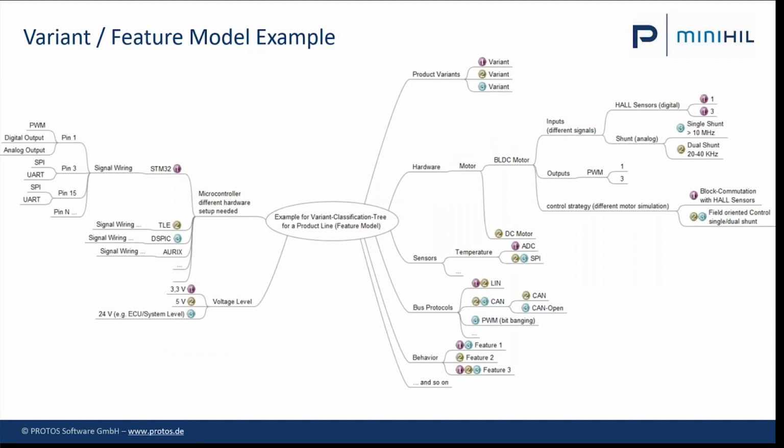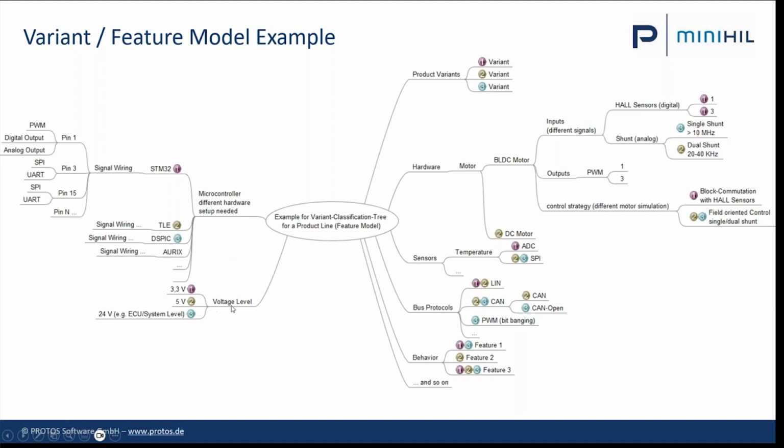Now let's have a look at a feature model example. It's a feature tree, a feature model for a certain embedded system. For example, you could have variants for microcontroller hardware. In some cases you might have an STM32, for another product variant another processor, an Aurix or a dsPIC, or whatever it is.